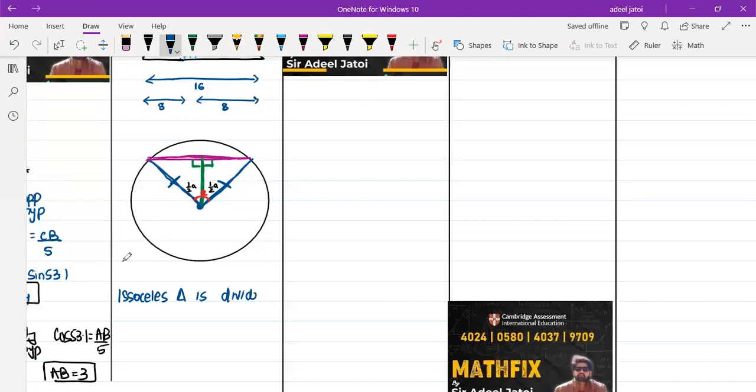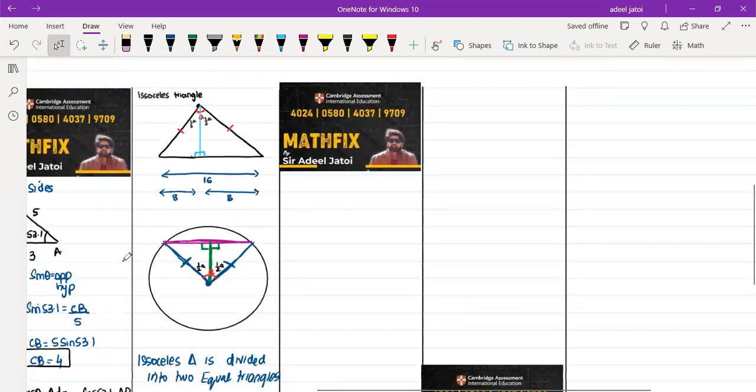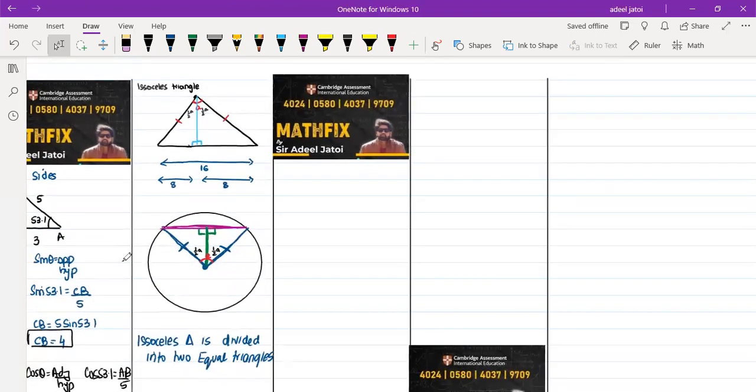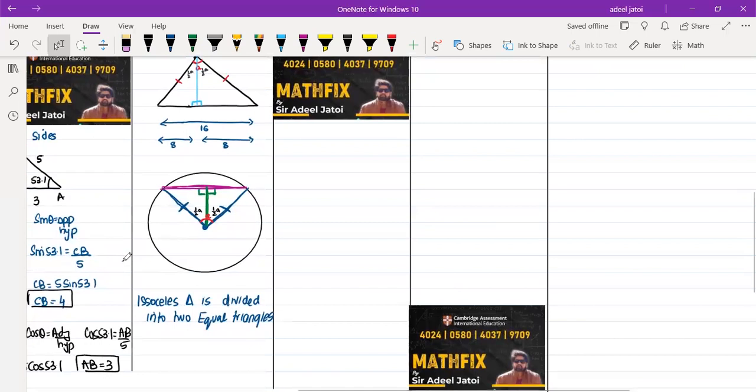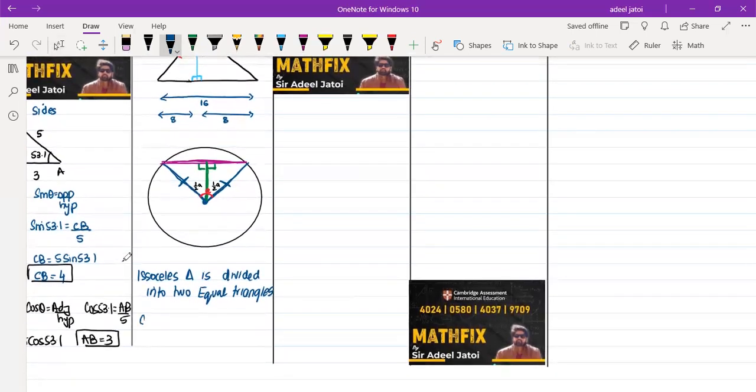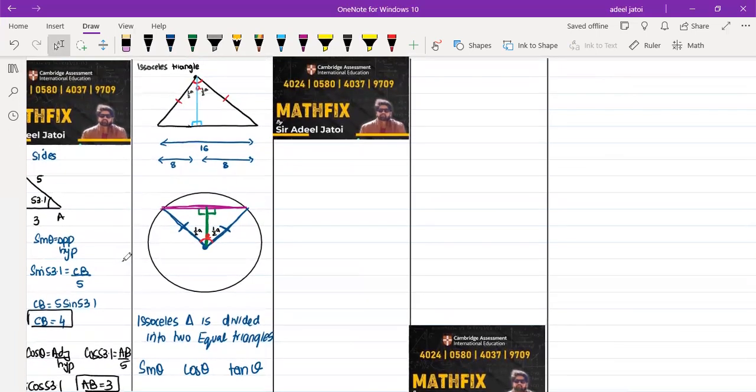divided into two equal triangles. So the isosceles triangle can be divided into two equal triangles, and with respect to this, your trigonometric ratios, sine theta, cos theta, and tan theta, can be applied, because these trigonometric ratios can only be applied when we have a right angle triangle.